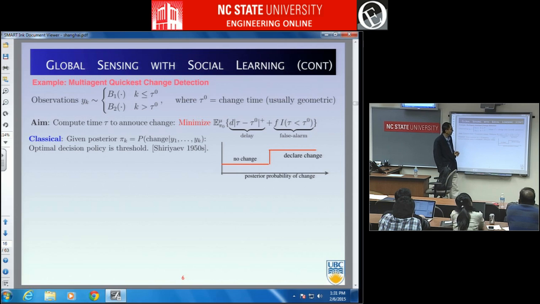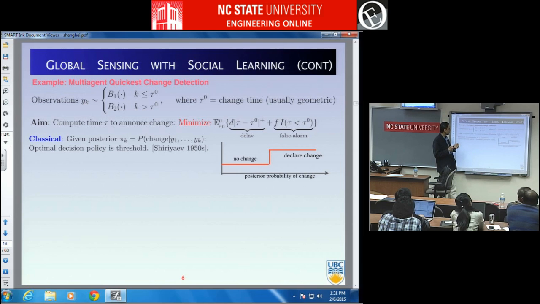Okay? It's a change detection problem. Tau 0 is the change time. Everything here is Bayesian. So we're assuming that tau 0 has some known distribution. Usually it's assumed to be geometric in the simplest case. It doesn't have to be. It could be anything with a known distribution. Now the aim in quickest detection, of course, is to try to decide when tau 0 occurred as quickly as possible.